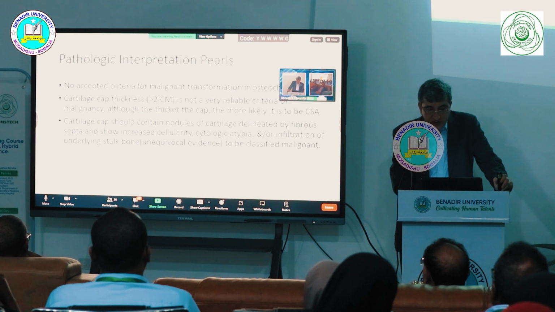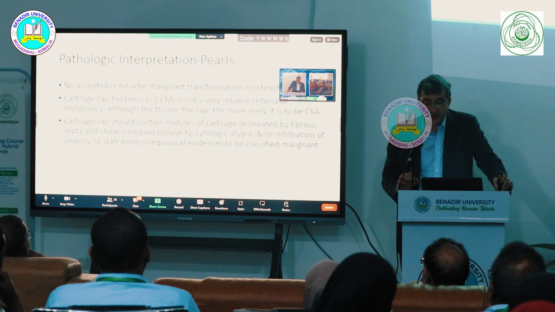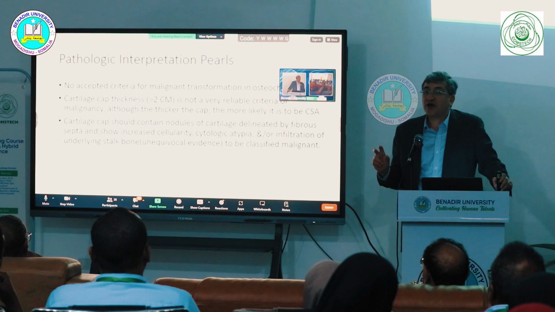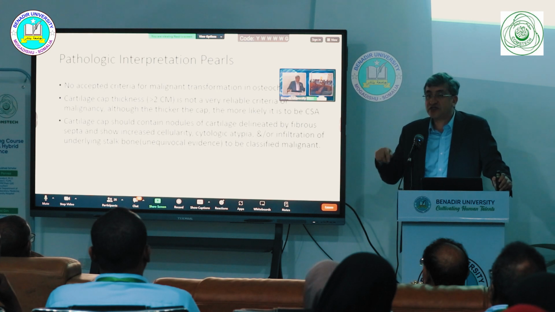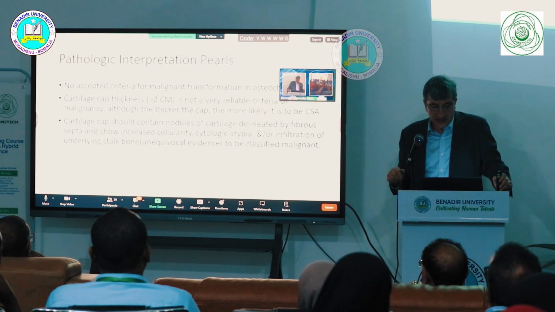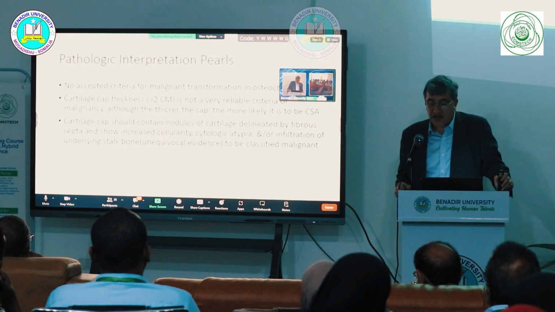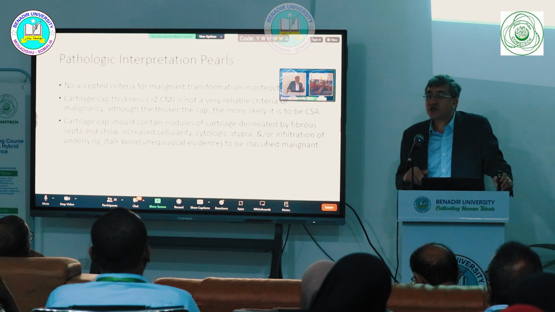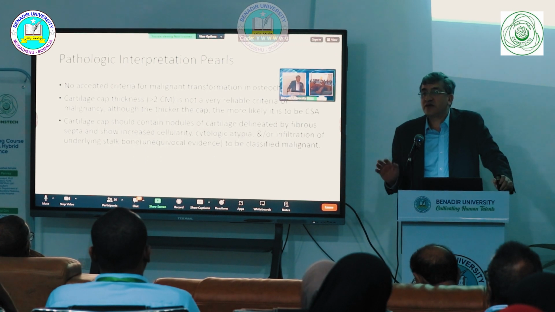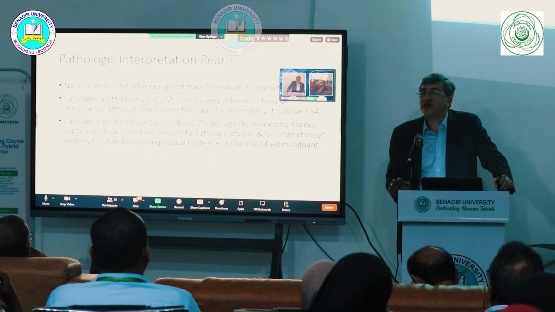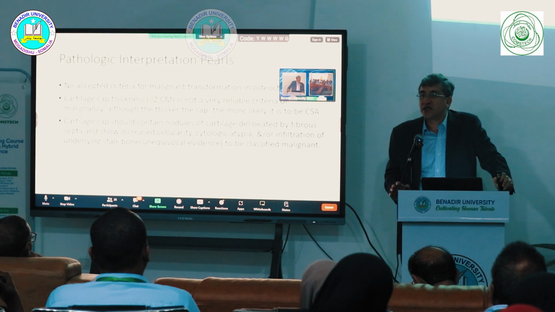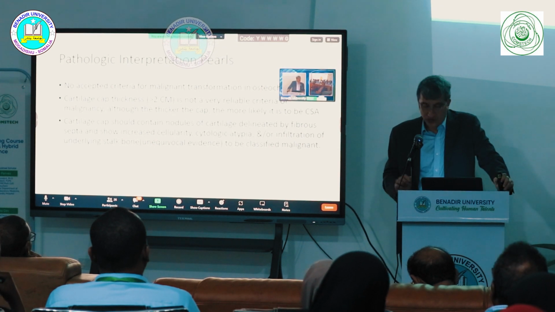So histologically, the cartilage cap should contain nodules of hyaline cartilage, cellular, which are separated by fibrous septa. They should show increased cellularity and atypia. So host bone permeation is the single most unequivocal criterion of malignant transformation in an osteochondroma.